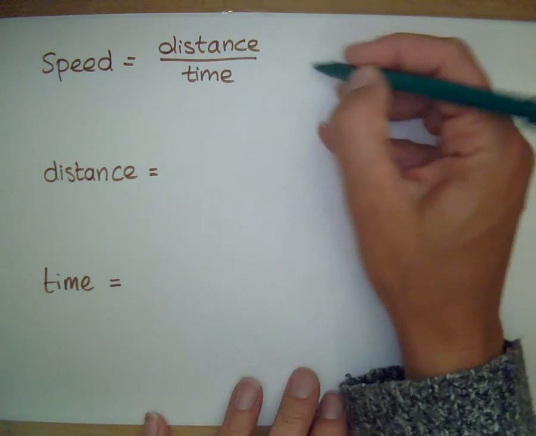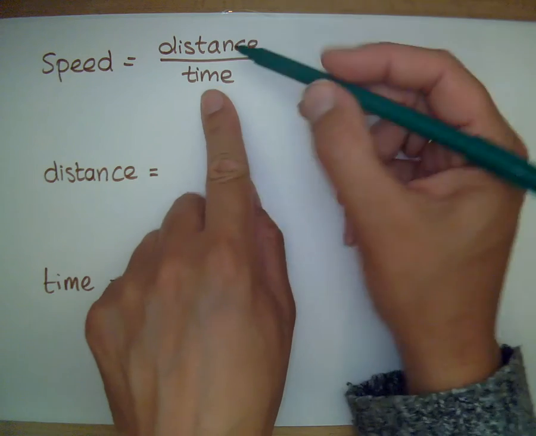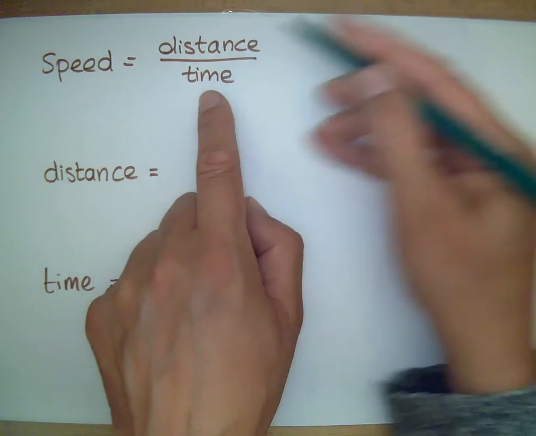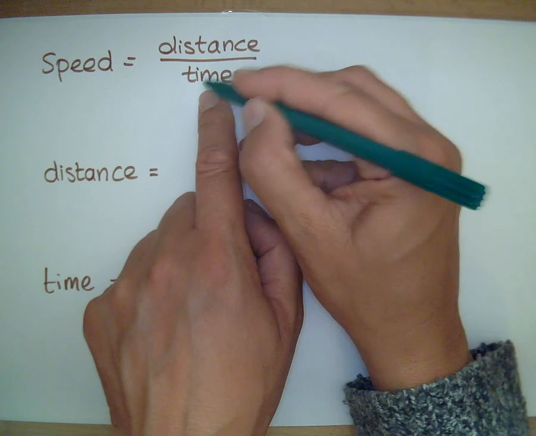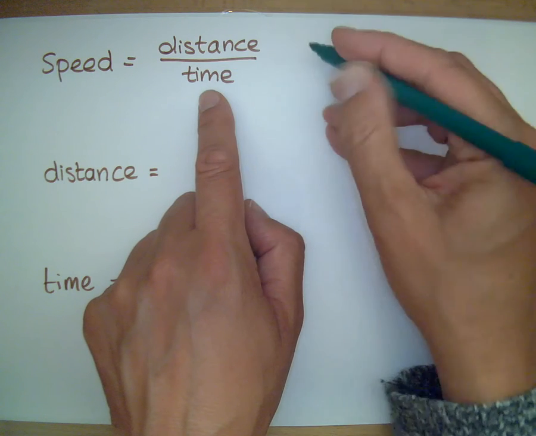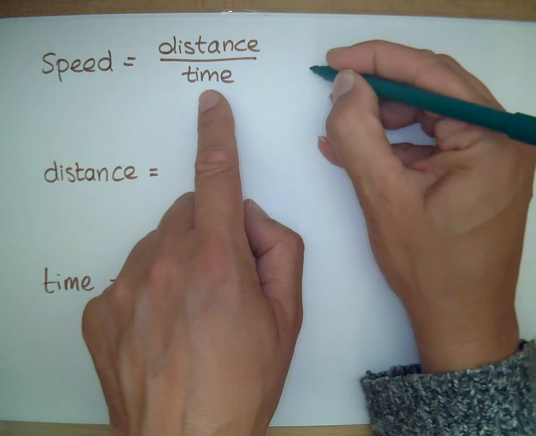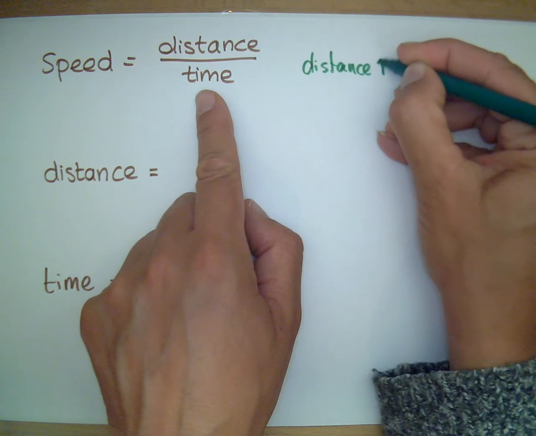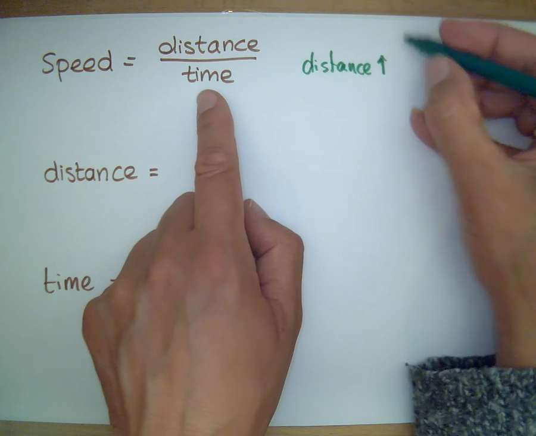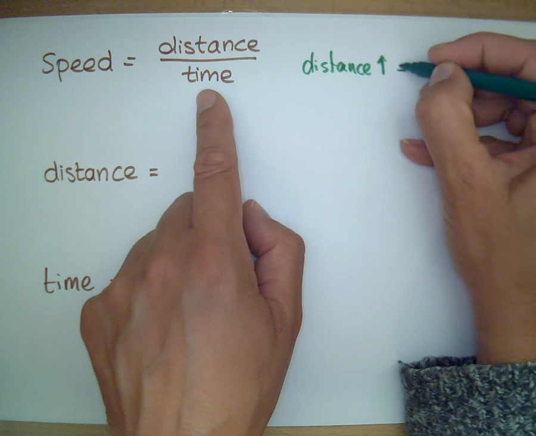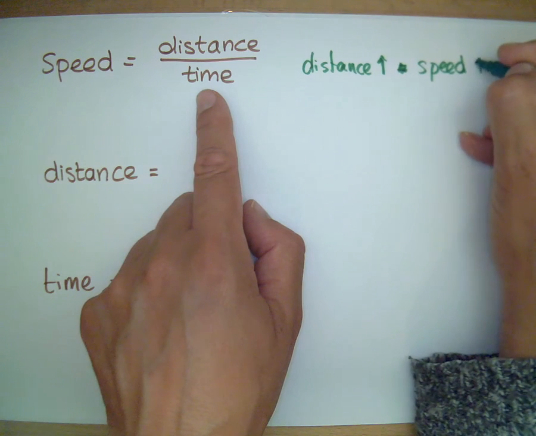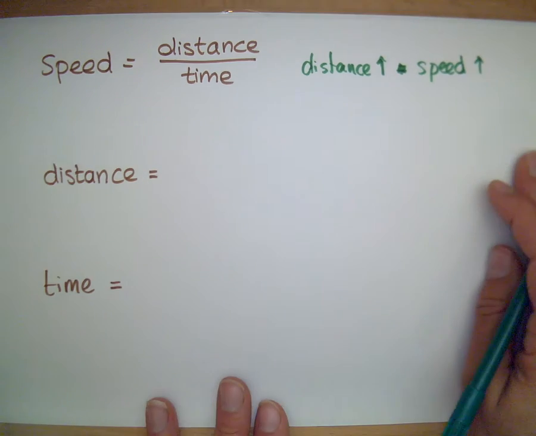Here, say the time is set, like 1 hour, and the distance that you can go in that hour goes up. So we're going further in a set time. That means our speed is going up.